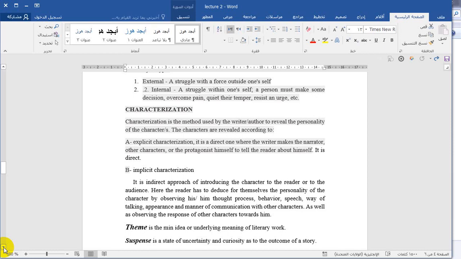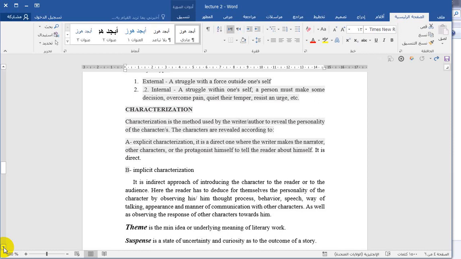As a reader, how do we discover those things? We read the story, but how do you create in your mind the personality of each character? This is characterization. It is the method used by the writer to reveal the personality of the character.